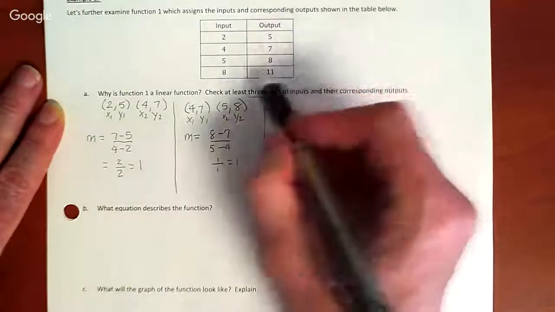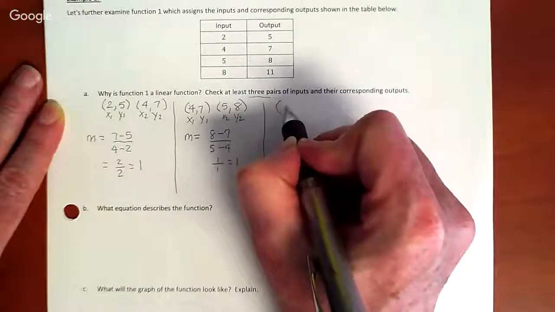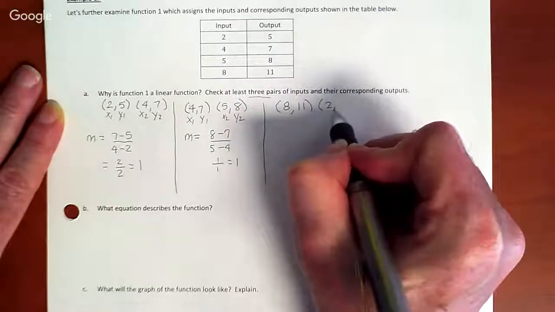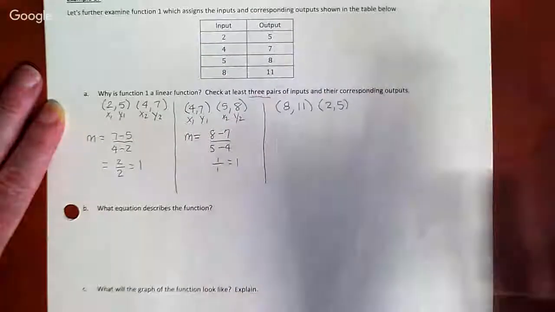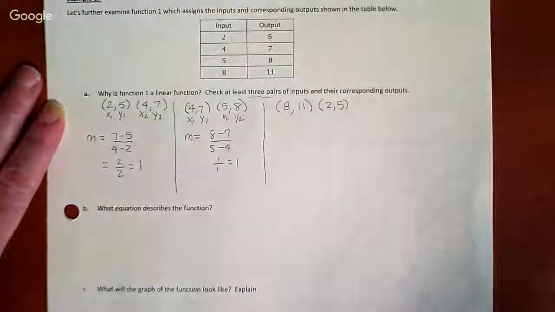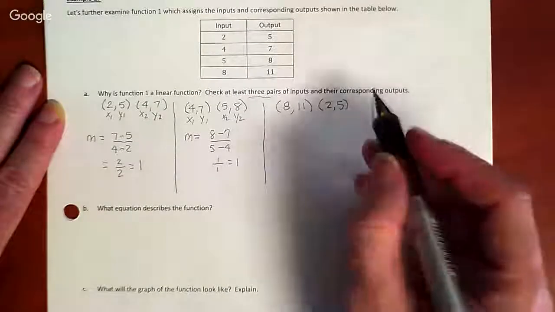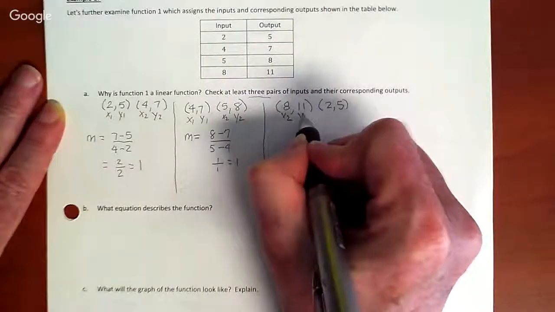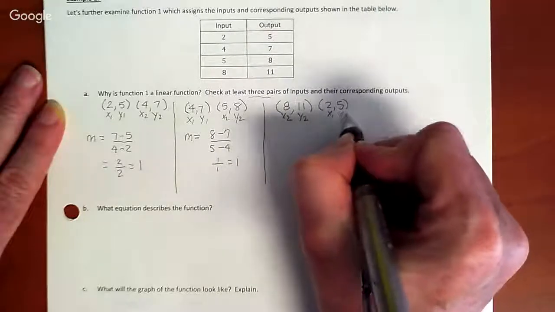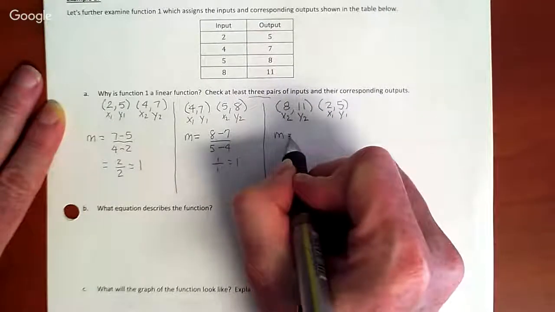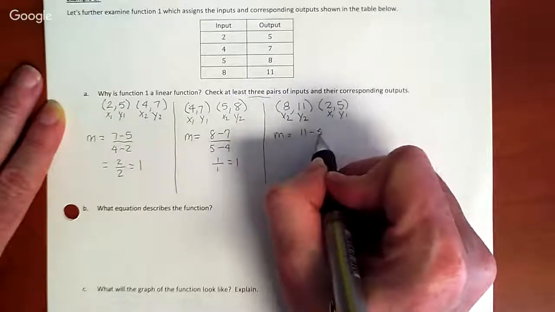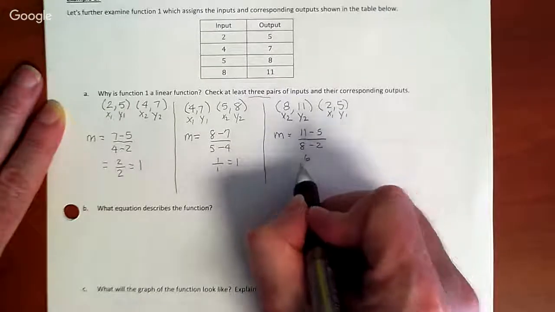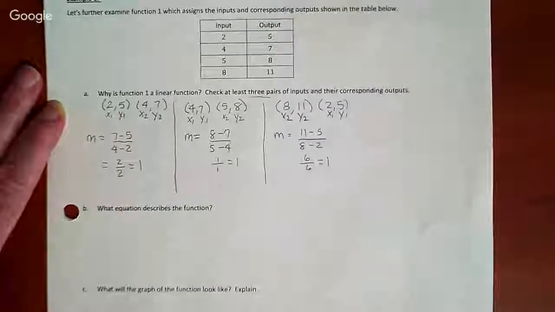The last pair I'm going to check is 8, 11 and 2, 5. I'm going to check it differently just so that you can see what differences there would be. So x2, y2, x1, y1. So m equals 11 minus 5 over 8 minus 2. So here I've got 6 over 6, and that also equals 1.